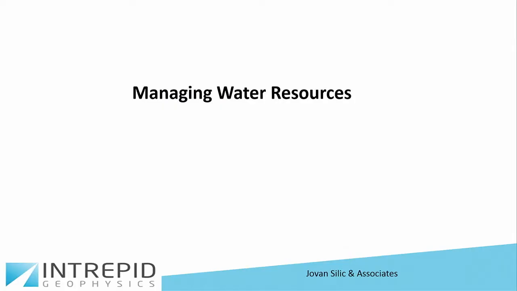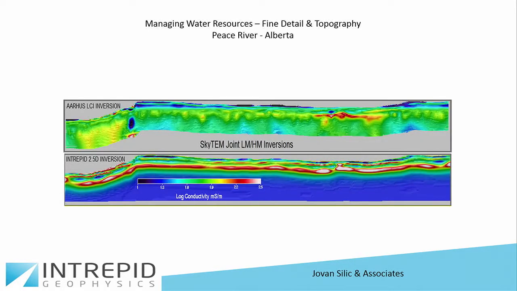Okay, so the final bit is examples of this algorithm in mapping water and near-surface conductivity. This is a case from Peace River, Alberta, comparing SkyTEM data inverted with laterally constrained inversion at the top and the 2.5D at the bottom.